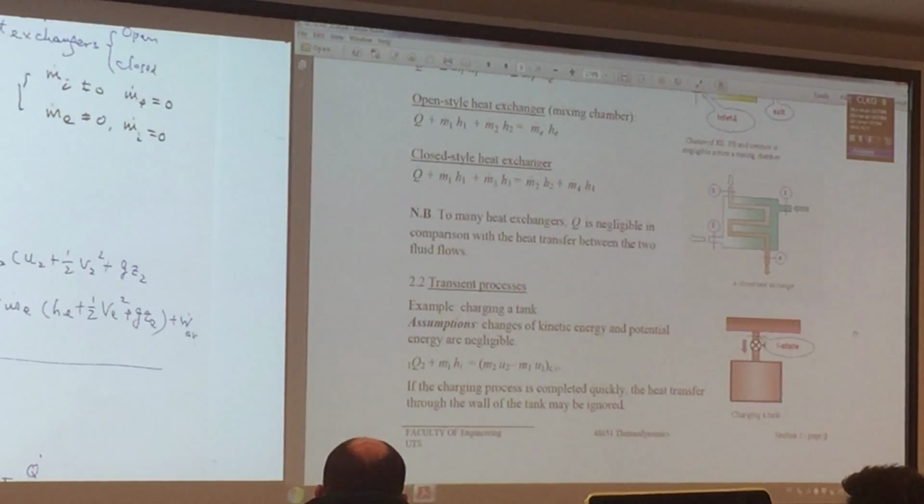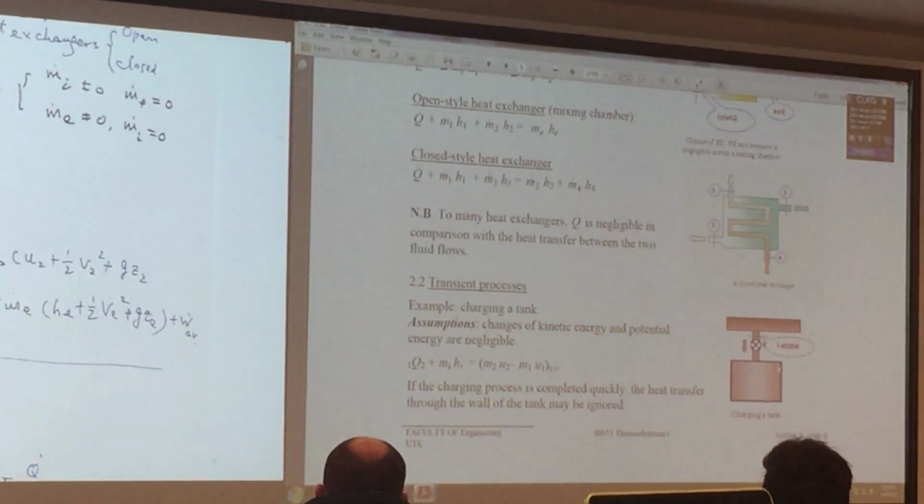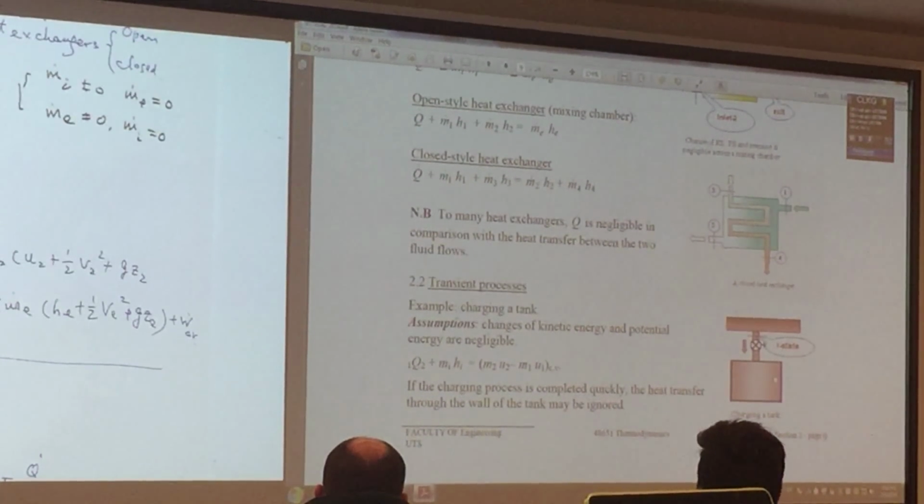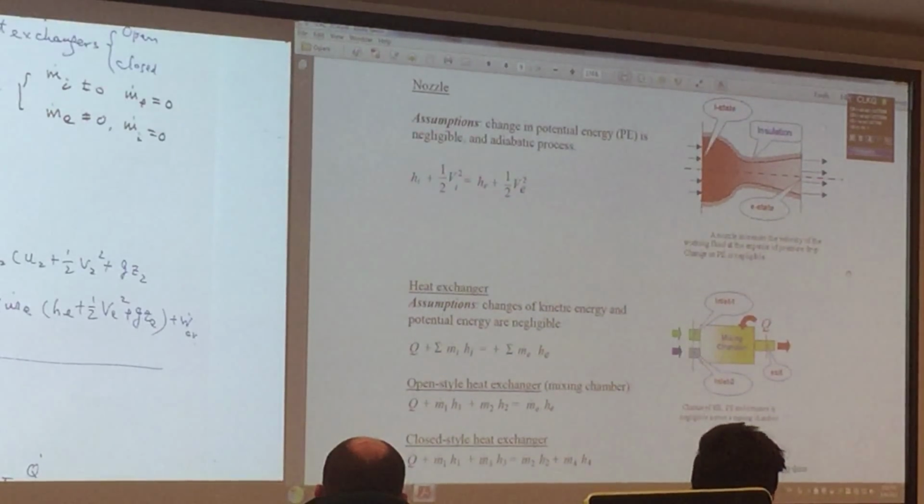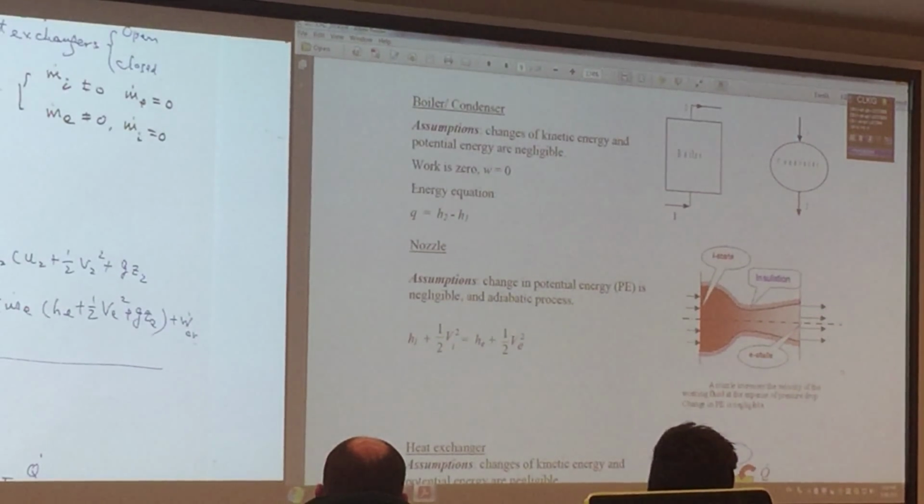One of the examples is in the study guide, for another transient process with only mass leaving the system. And then we come back to the steady state, steady flow process.